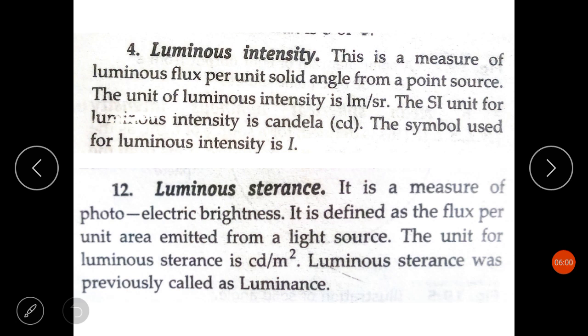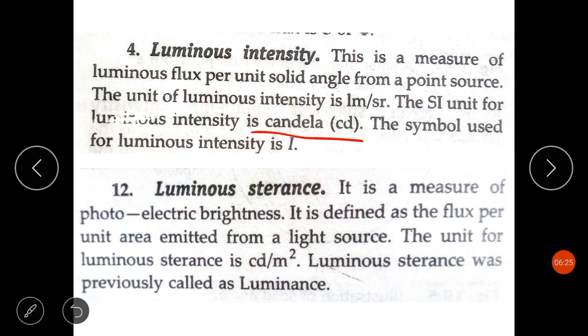The unit of luminous intensity is lumen per steradian, and the SI unit of luminous intensity is candela. Candela is the basic unit of luminous intensity, or flux per unit solid angle.